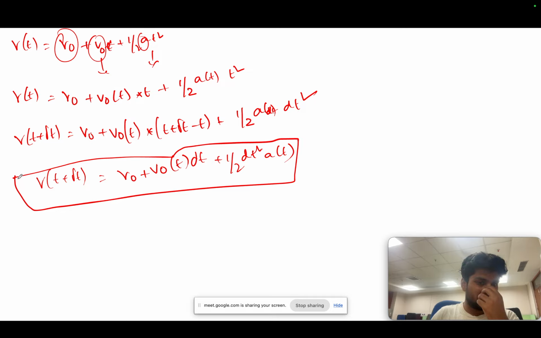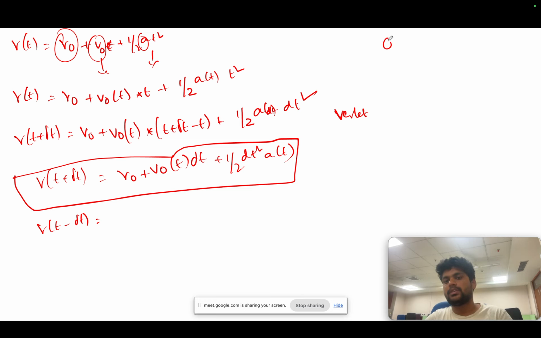Now, what Verlet has done, in Verlet, to get the equation, he has taken a different term. Assume that you are here and you need to go to here.